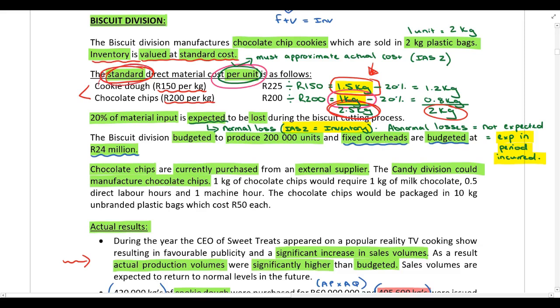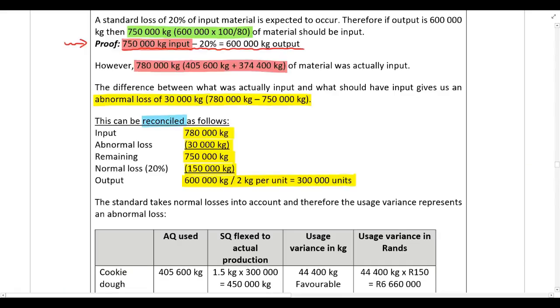So the standard over here takes the normal losses into account because normal losses are included in the value of inventory. However, the standard does not take abnormal losses into account. So when we are calculating the material usage variance, we won't have a variance for normal losses because the standard takes normal losses into account, which means the usage variance that we calculate is an abnormal loss.